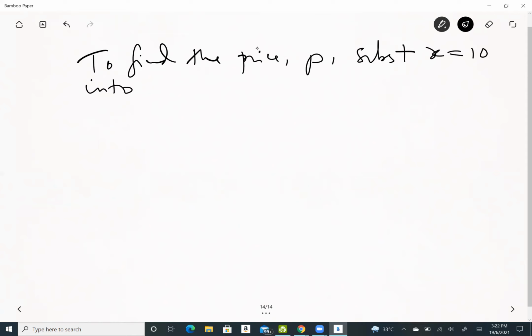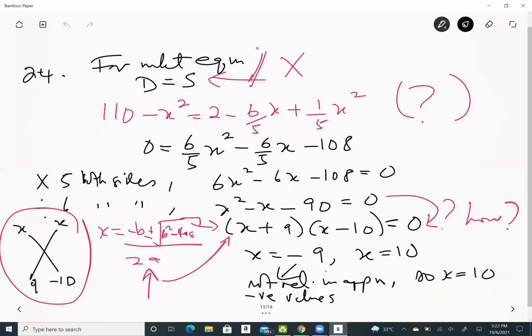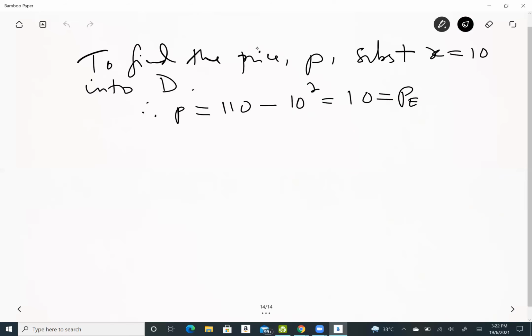Let's say we substitute into the demand. Therefore, P is equal to 110 minus 10 squared. You will get 10. So the price is 10. You can say that this is your PE, equilibrium price, and the XE here is equal to 10. You don't have to use the E.